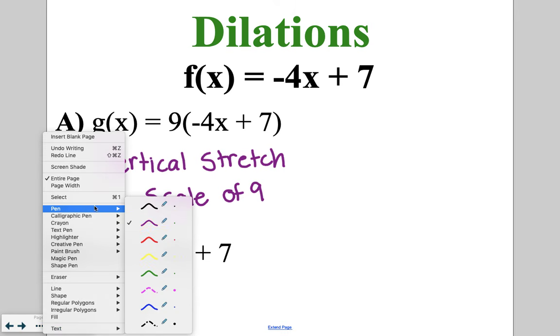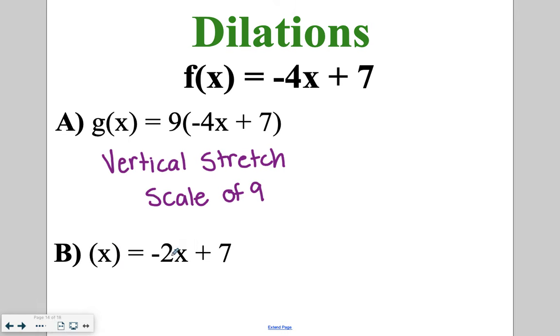Looking at the second one, our change only affected the slope. We went from -4 to -2. So now, because it's only affecting the slope, this is a horizontal dilation. Now we have to figure out by how much. To get from -4 to -2, that means we cut it in half, which means we multiplied by 1/2.